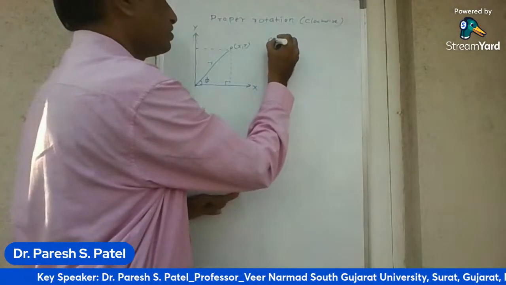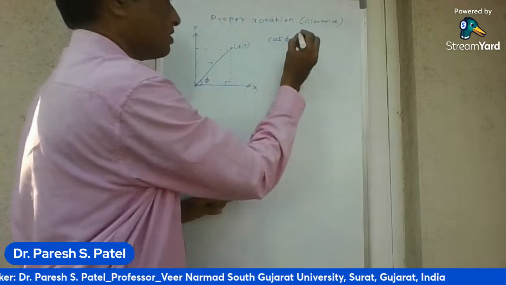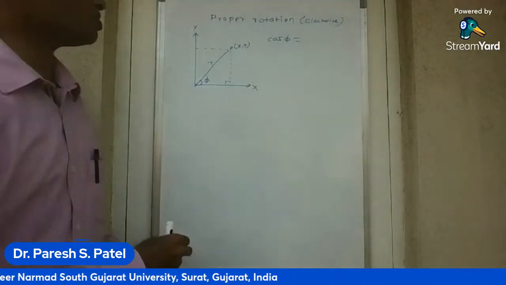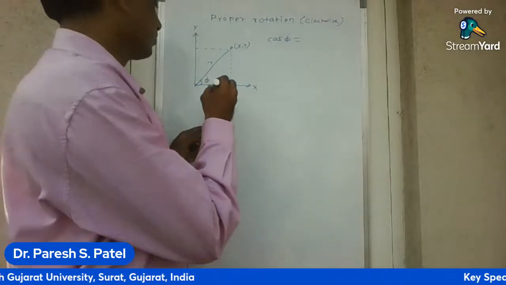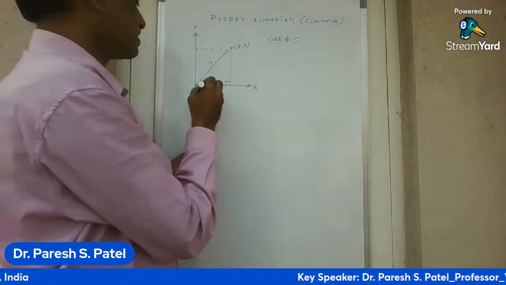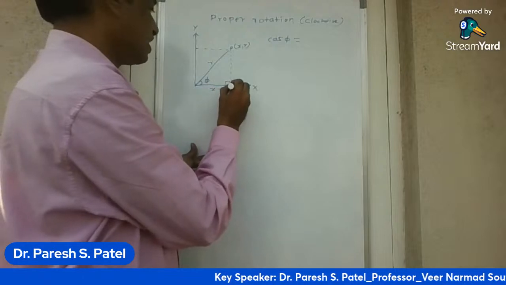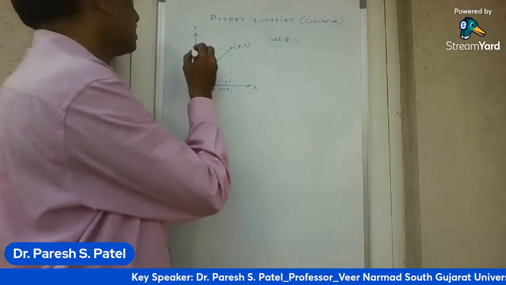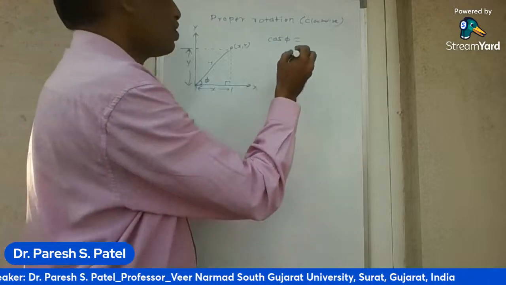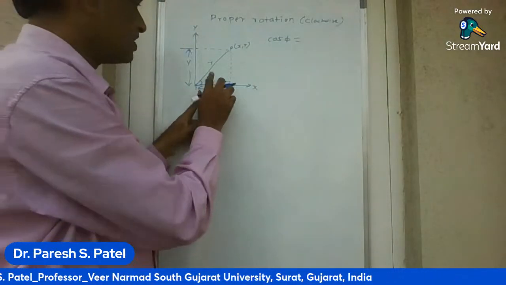So we can write cos phi is equal to, for the vector p with the coordinates x and y, it means along the x-axis the distance is x, and along the y-axis the distance is y. So cos phi is equal to base divided by hypotenuse.